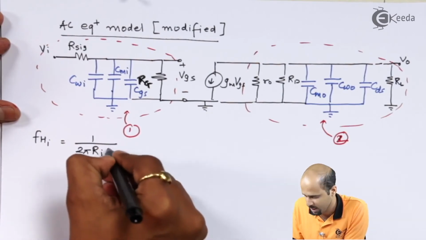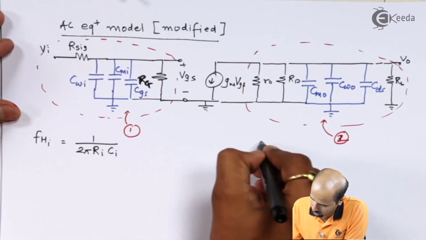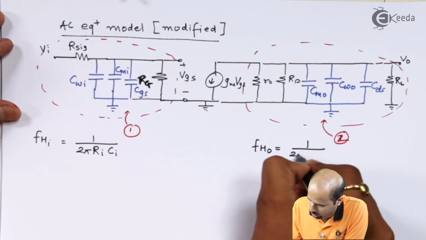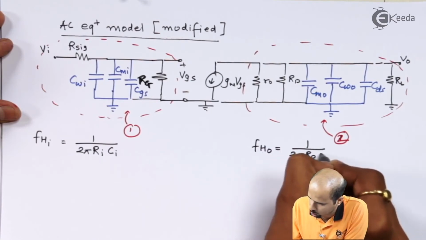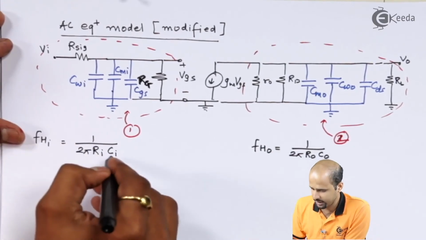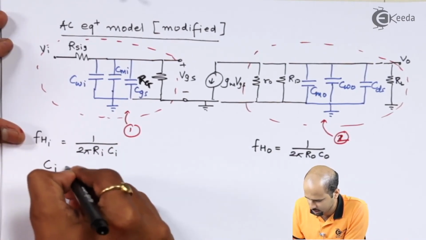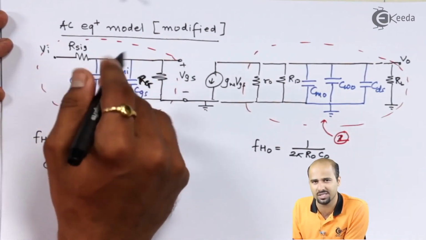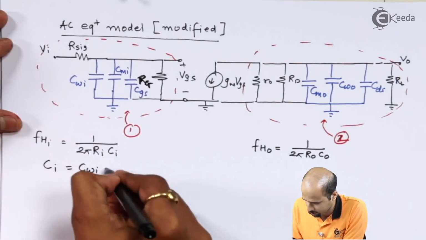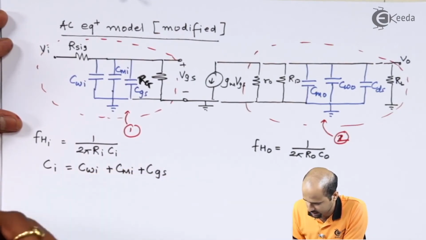For the output side, FHO is 1 upon 2 pi Ro Co. So we have to calculate the value of Ci. Ci is very simple: it is the summation of all these capacitances because they are connected in parallel. So it is Cwi plus Cmi plus Cgs.